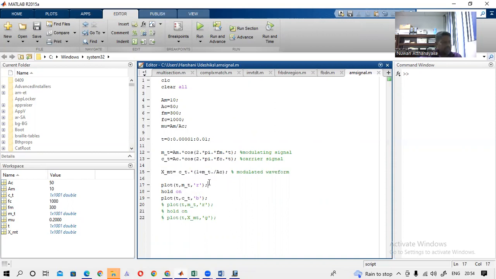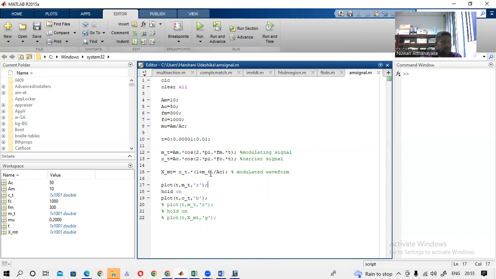But you have to remember that when you are putting this mu, you can't put the amplitude. Here the m(t) is Am cos(omega_m t), so Am is there, and Am divided by Ac, the mu, is here.